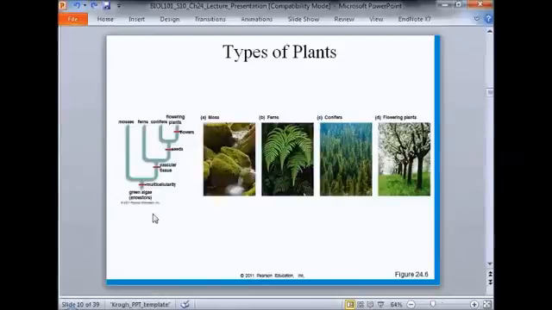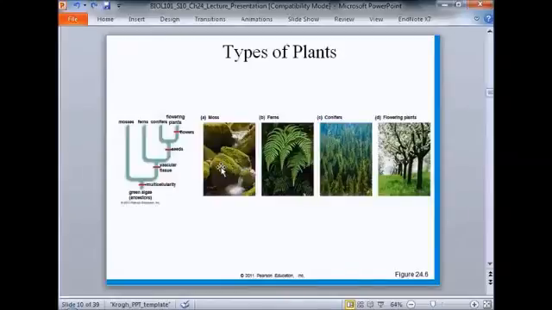And so the first division we have here with the green algae is multicellularity, and that gets us to mosses. But mosses, these guys here, look at that picture. They're short, they can't grow very much.